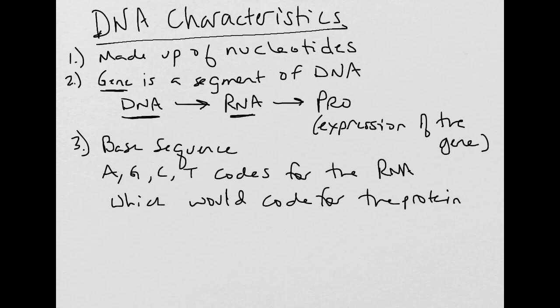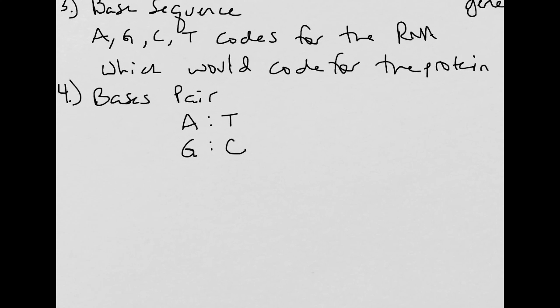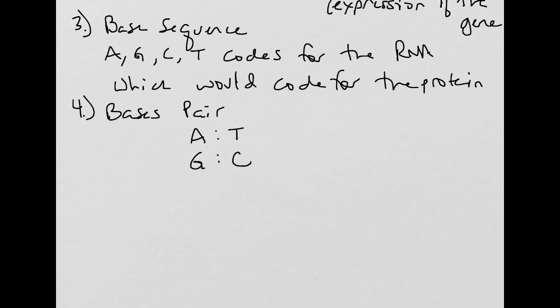Okay, so the bases are very important, and understanding how they align themselves is important as well. So the bases will pair. And they pair up with each other in a very specific way. A will always pair with T, and G will always pair with C. Okay, so A and G, remember these are nitrogenous bases.